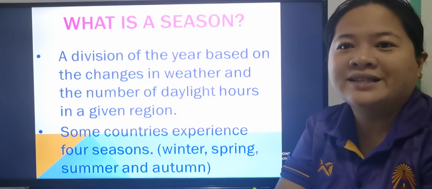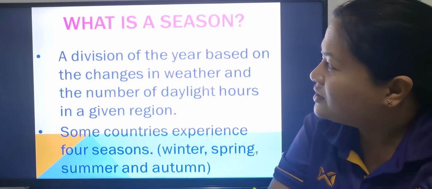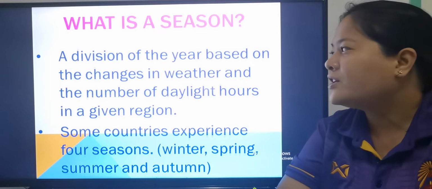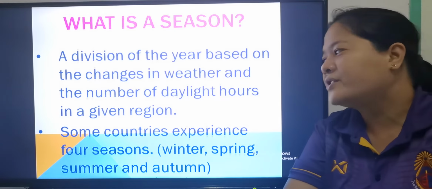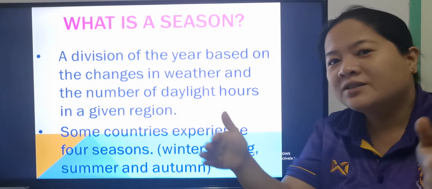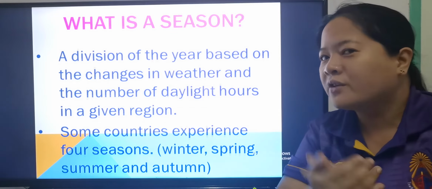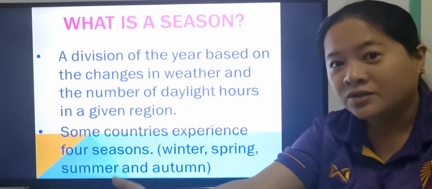So what is a season? A season is a division of the year based on the changes in weather and the number of daylight hours in a given period. So if you're going to divide the year, you can divide it into seasons.